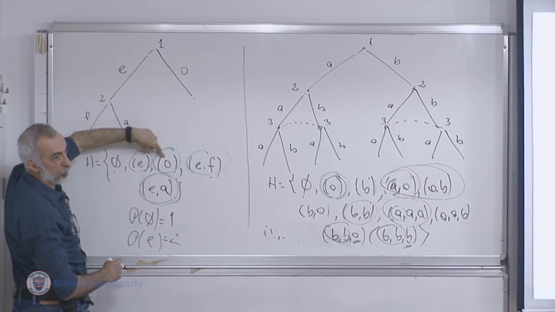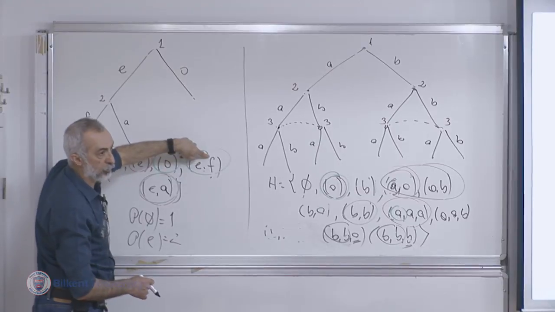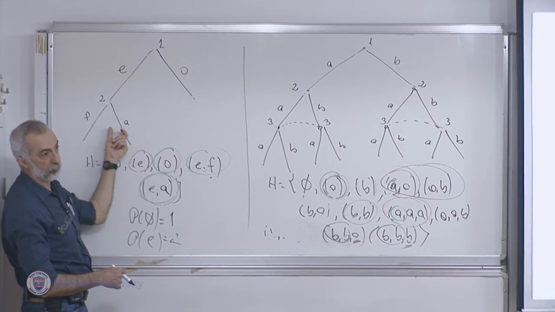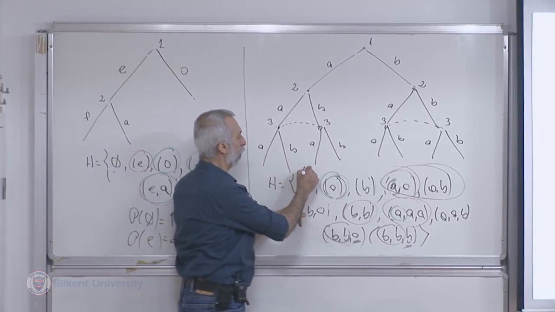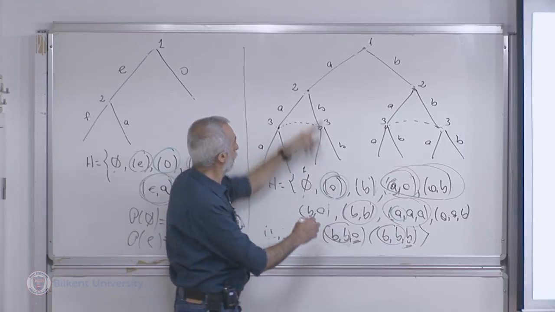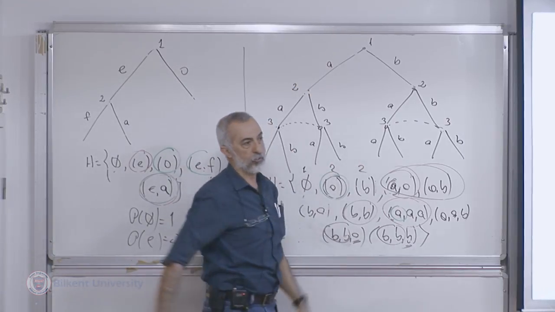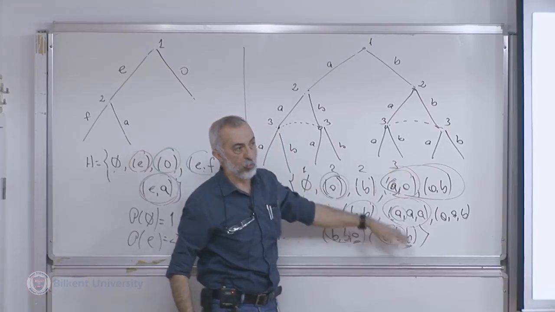O, that's a terminal history. I don't assign anything to it. EF, that's a terminal history. I don't assign anything to it. EA, that's a terminal history. I don't assign anything to that. So here, non-terminal history, player 1 is assigned. Non-terminal history, player 2 is assigned. Non-terminal history, player 2 is assigned. Non-terminal history, player 3 is assigned, and so on.